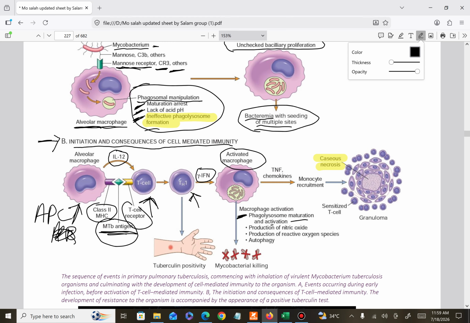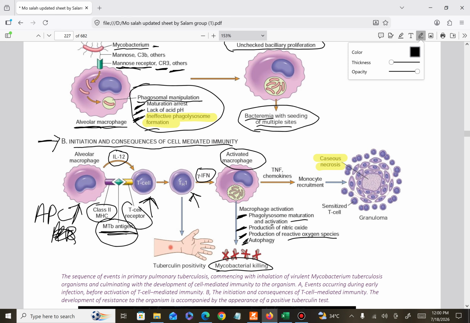It also helps in the production of nitric oxide and reactive oxygen species, and it causes autophagy of the bacteria, causing mycobacterial killing. So the activated macrophage causes phagolysosome maturation and activation, production of nitric oxide, production of reactive oxygen species, and autophagy, causing the mycobacterial killing.